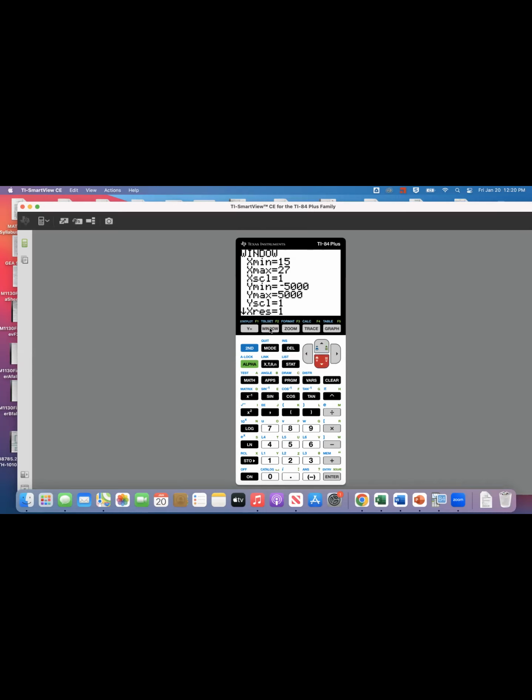I'm going to let my y minimum be some value less than 25,000, but less enough so that I can see what's going on. Because those values are changing very quickly, I'll say 20,000. And for the y max, I'll let that be 30,000.